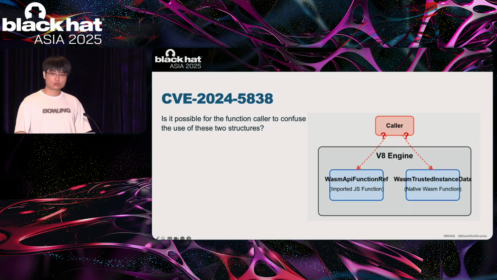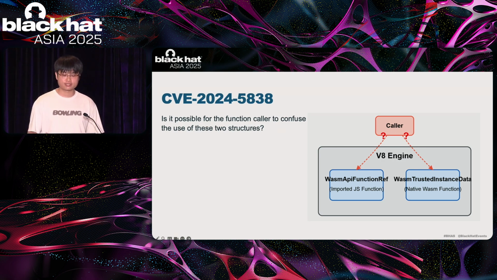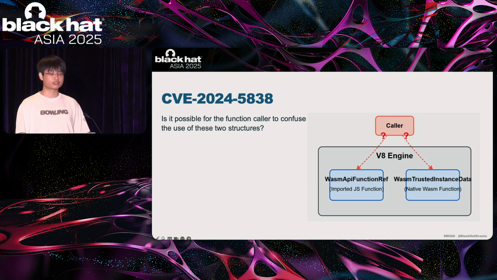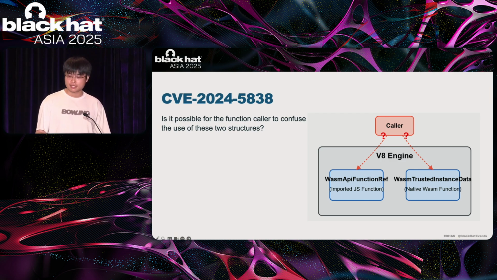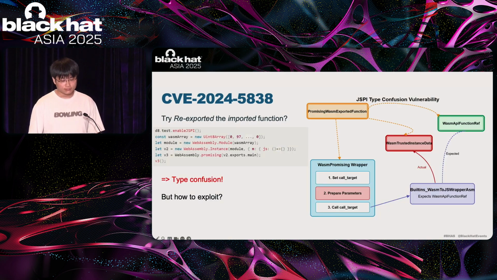Now we aim to explore a critical issue: whether it is possible to cause V8 to misinterpret two distinct internal structures. If we can find a scenario where V8 mistakenly treats one as the other, we may discover a way to exploit type confusion. This is exactly what this vulnerability exploits.